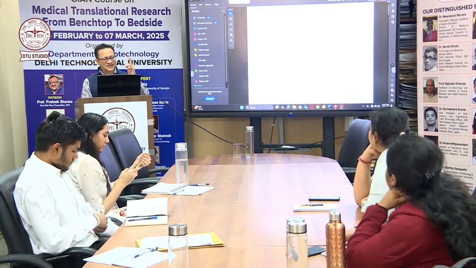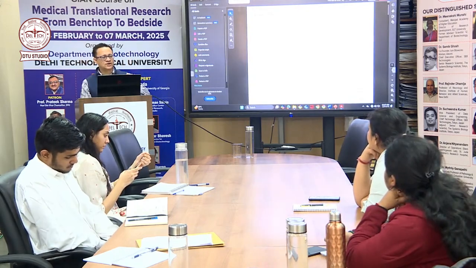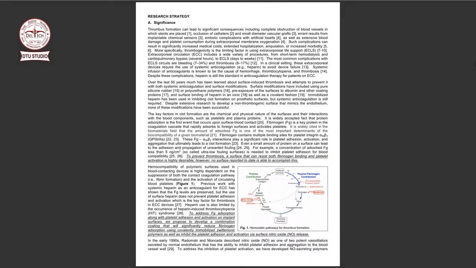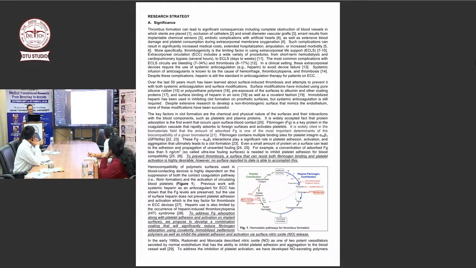So, significance, we are expanding on extracorporeal circulation, thrombosis, how much bleeding happens, how much thrombosis happens, how different types of coatings have been used, heparin surface is used, but what are the challenges with the heparin that's used, heparin-induced thrombocytopenia is there.